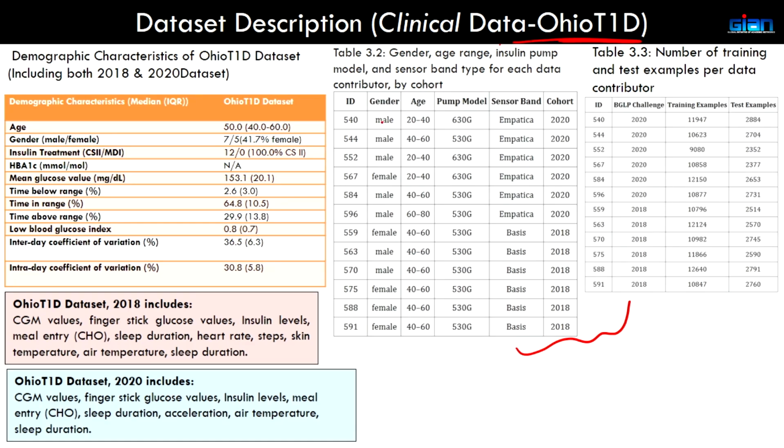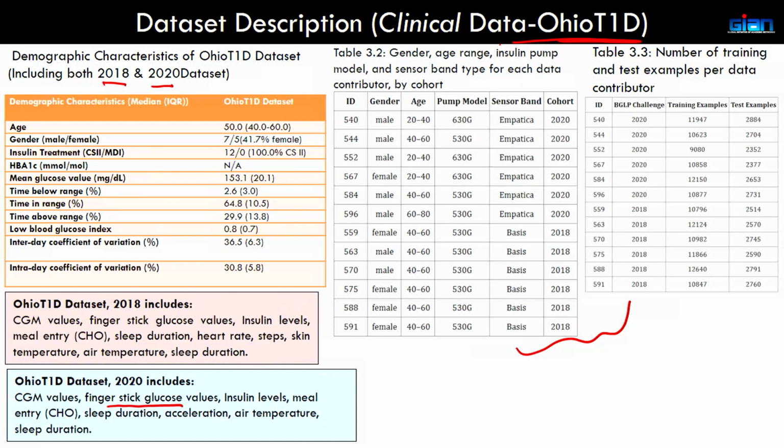This data set has two series, one in 2018 and the other in 2020. 2018 and 2020 used different models of the sensor, and I think they capture some more information in the 2020 version compared to the 2018 version. Overall, you have around 10 to 12 individuals in both the data sets. So very few, but yet it is enough for glucose forecasting.